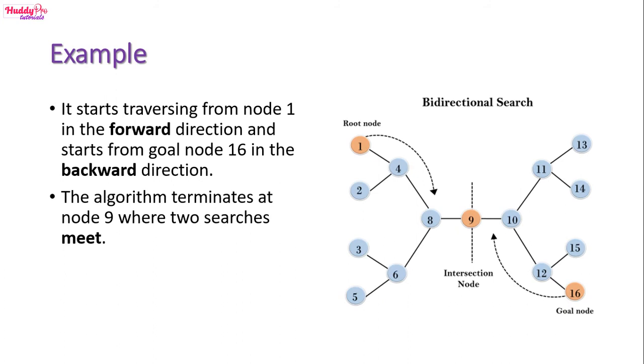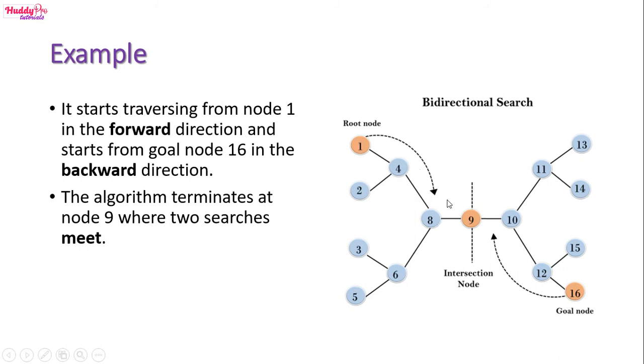So this is an example. In this search tree, we have the bidirectional search algorithm being applied. So this algorithm divides one graph or the tree into two subgraphs. So this is one graph, and this dotted line tries to show the division. Now it will start traversing from node 1, the root node, in the forward direction.